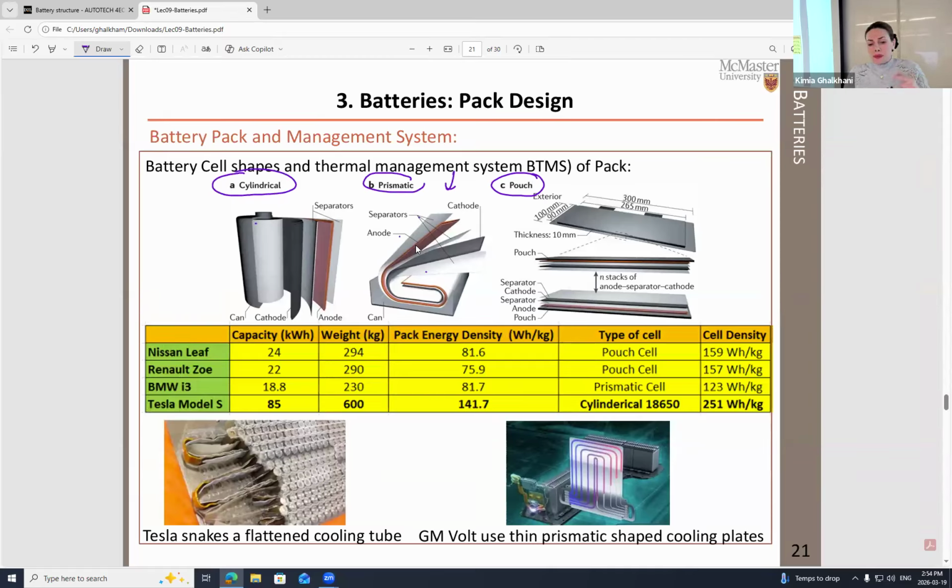In this one, if maybe one layer is damaged, of course the entire battery is damaged, and you have to throw it away. Since it is just a single layer, it is folded many times.